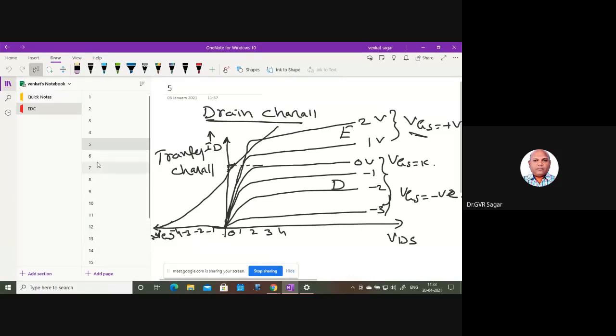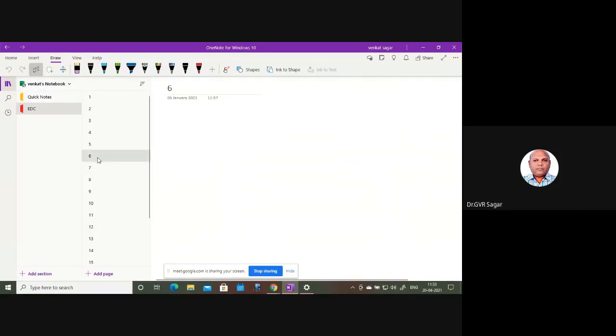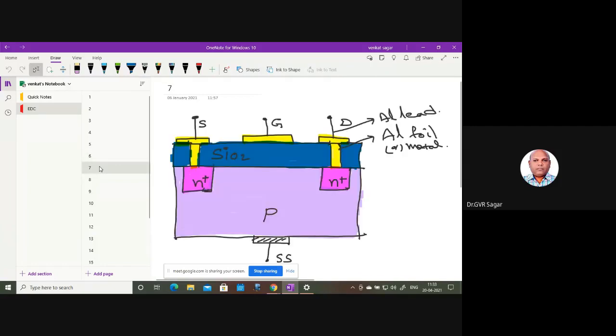Next, coming to the E MOSFET, the enhancement MOSFET.